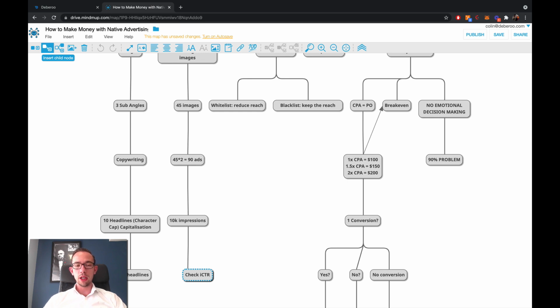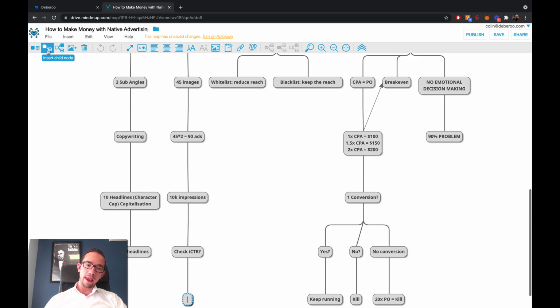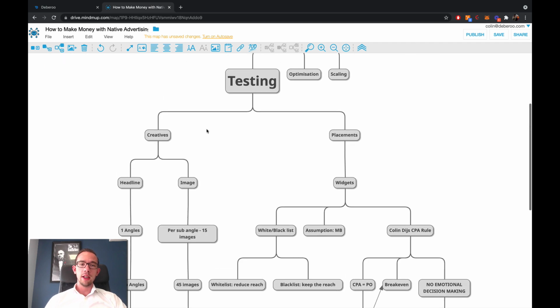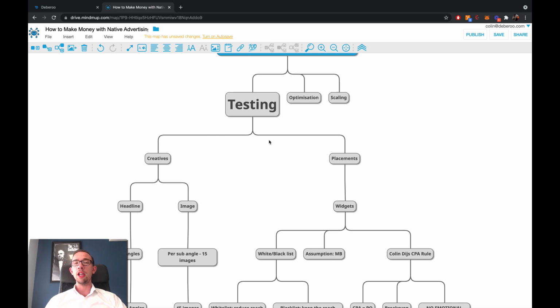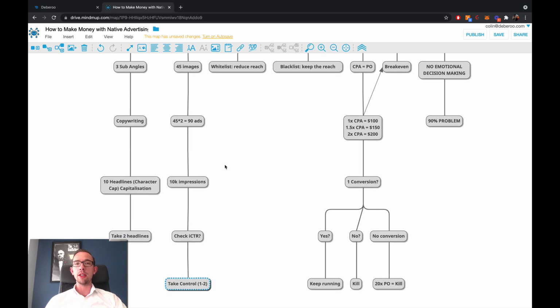So we check the image click-through rate, the ICTR, and then we take control. So 1 to 2 ads will be the highest performance based on ICTR. In this scenario, we do not take conversions into consideration. If a creative has more than 10 to 20 conversions, then it might be favorable. In the scenario where we're just testing, and we haven't grasped the optimization phase yet, we're not optimizing on conversions.